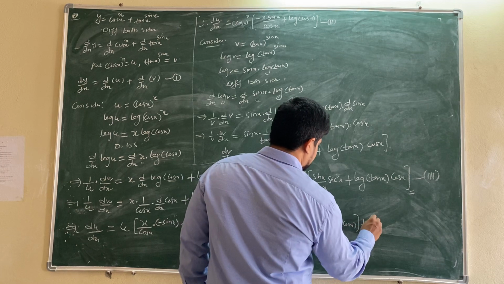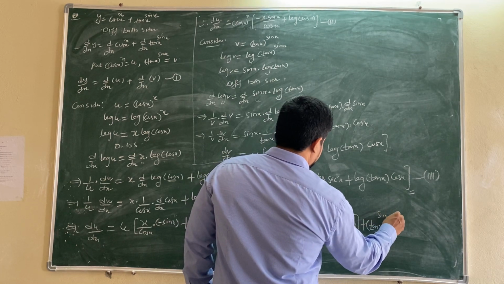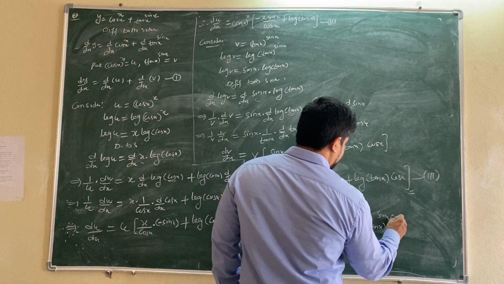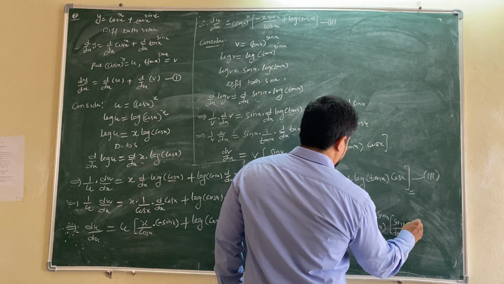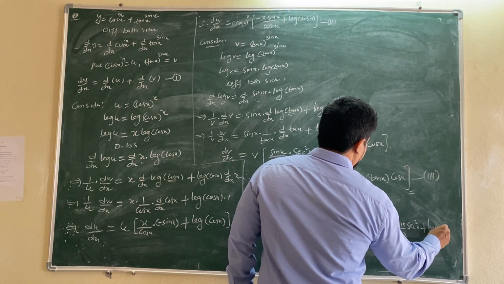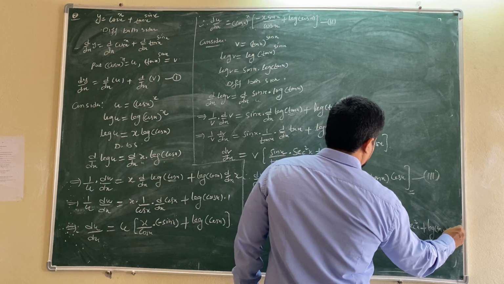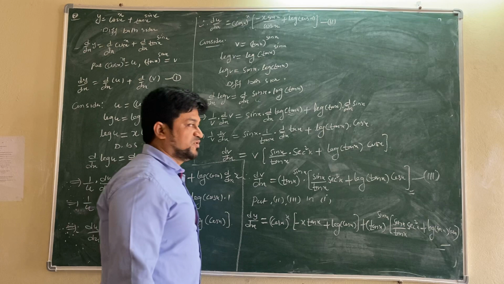Then plus tan x power sin x into sin x by tan x into secant square x, plus log of tan x into cos x. Okay. Now one problem I am giving to you to solve.